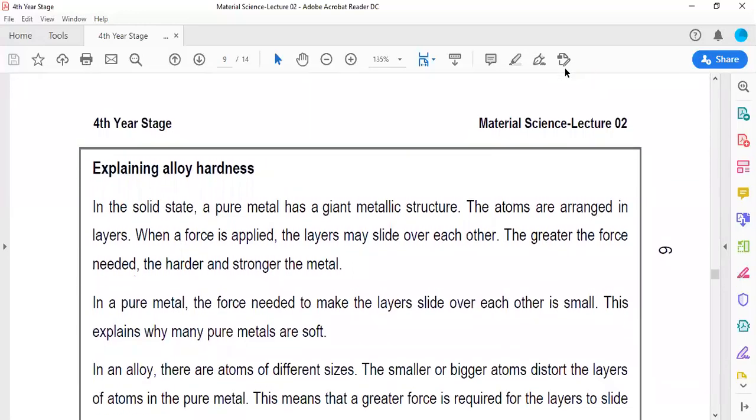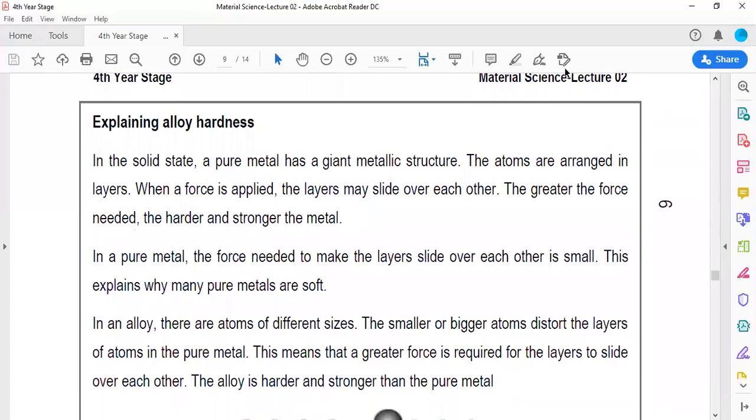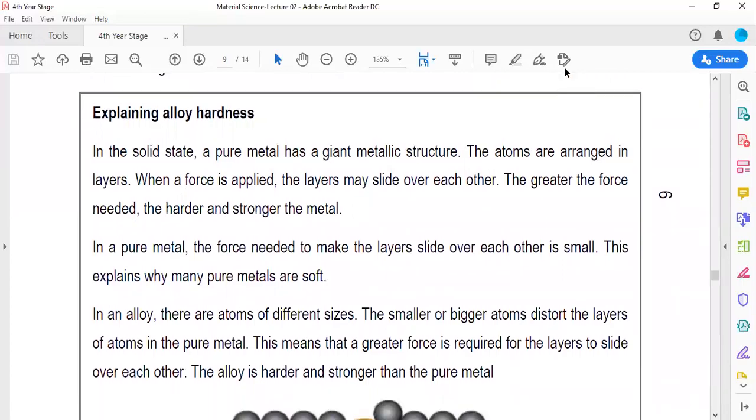So we can ask a question or make a title: why alloys are harder than elements. So we're going to explain alloy hardness. In the solid state, a pure metal has a giant metallic structure, a big structure, so many atoms combined with each other by a sort of bonding, which is called a metallic bond.